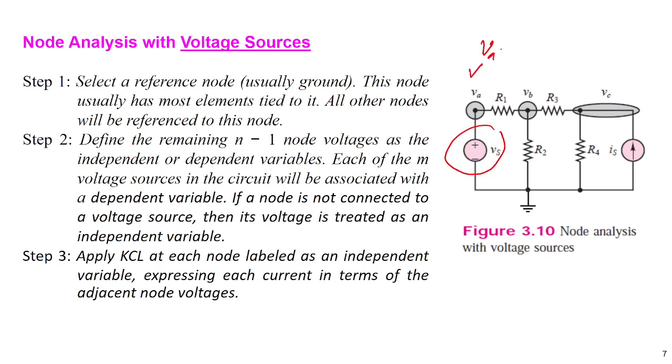VA will be VS. Then we just follow the steps and substitute that voltage. But sometimes it makes the circuit a bit more complicated.